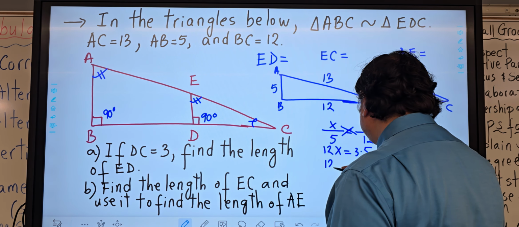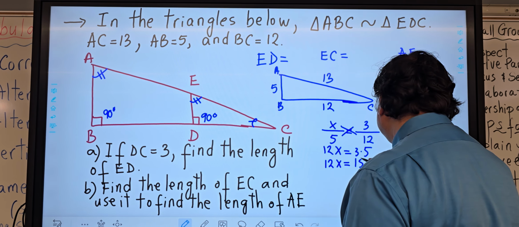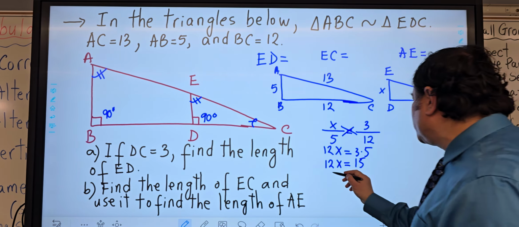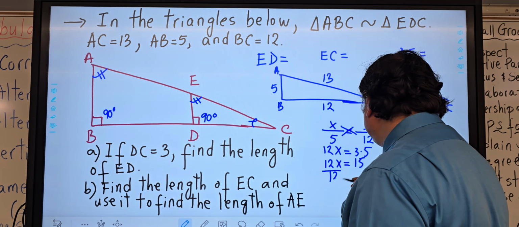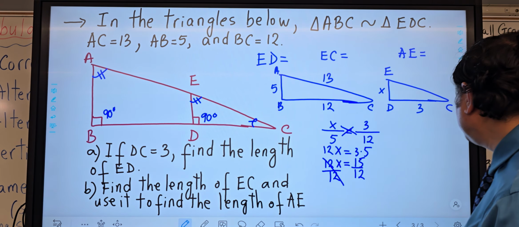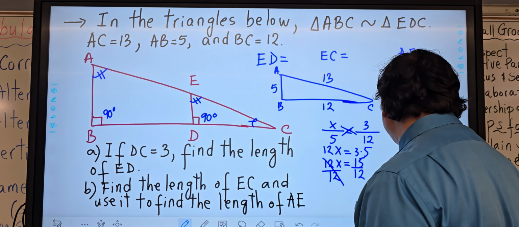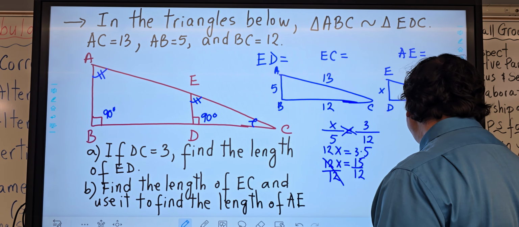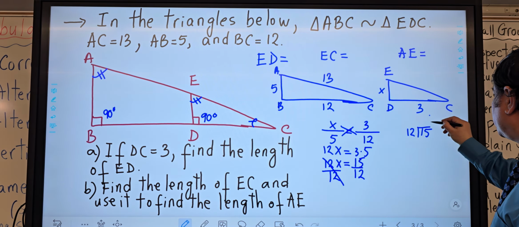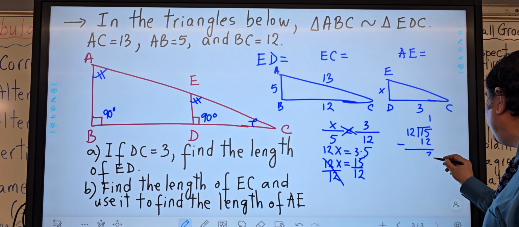So we have 12x equals 15. Now we are going to divide both sides by 12, so we have 15 divided by 12. Let's do the division here. 12 goes into 15 once. 15 minus 12 is 3.